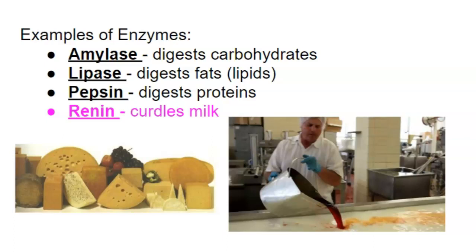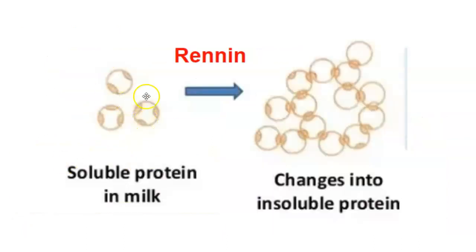So you can actually get this enzyme, they produce it in mass production in factories. We can use it to make cheese because in order to make cheese, we've got to turn milk from a liquid to a solid, and this enzyme helps do that. So what it ends up doing is all these little tiny proteins in milk, they're all by themselves, and renin clumps them all together to make a solid. We'll talk more about that later.